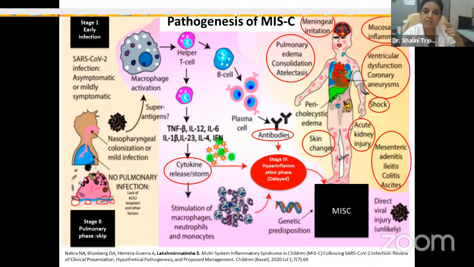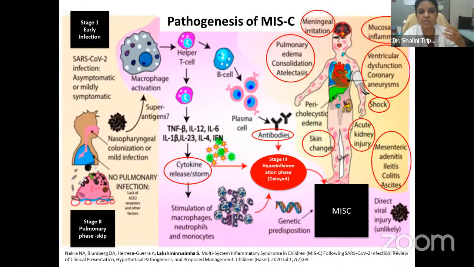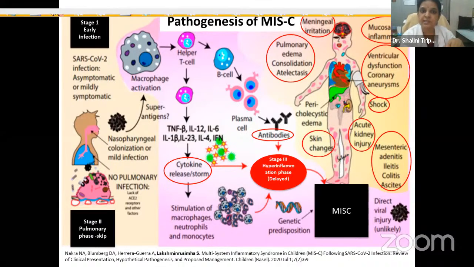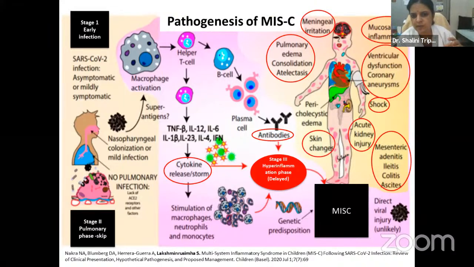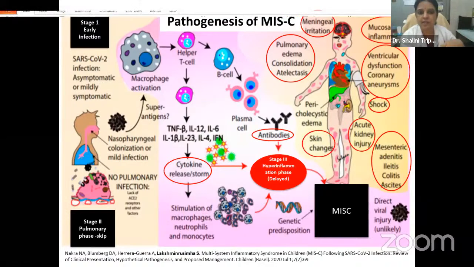Then what happens? These colonized viruses activate macrophages, which in turn activate helper T cells. These helper T cells in turn activate B cells, plasma cells, which produce a lot of COVID antibodies, and they produce the whole set of inflammatory mediators, TNF, interleukins, and all of them together produce a kind of cytokine storm around 1 month after the infection occurred in that particular child.